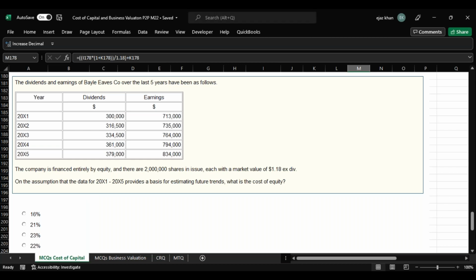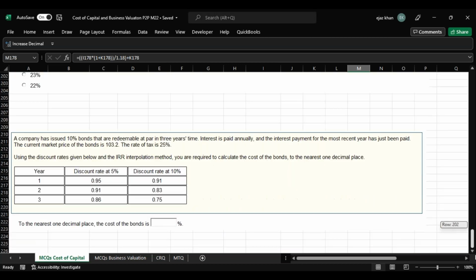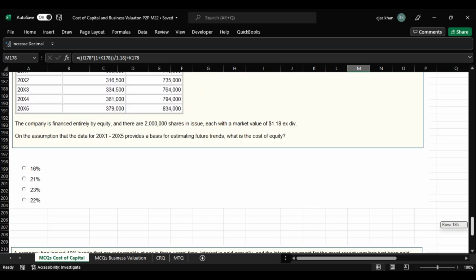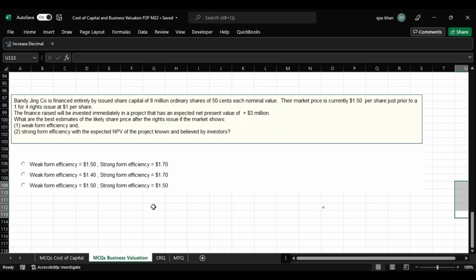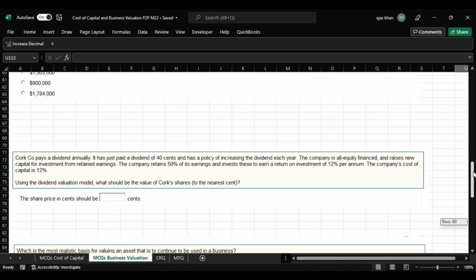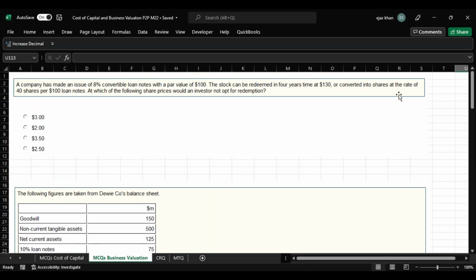Okay, let's move towards business valuation questions now. For business valuation, I'm just telling you one thing: if you remember this, you will always be able to find the right value for shares and for debts.